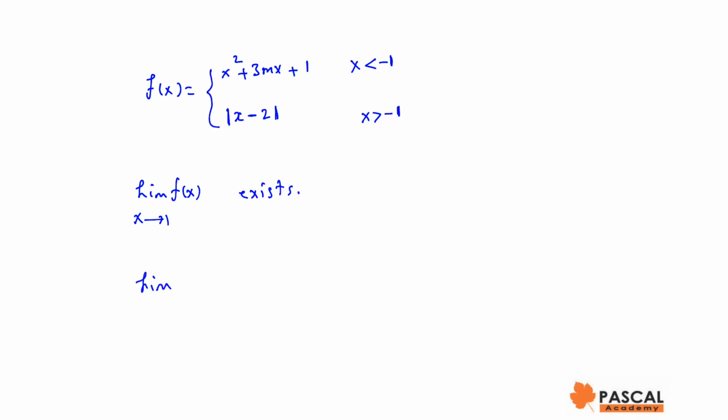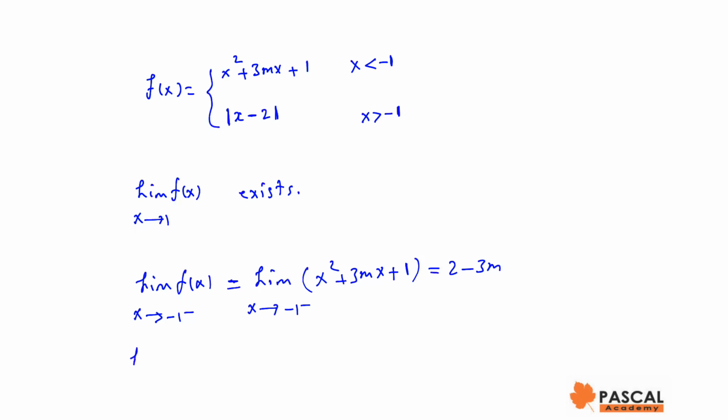Limit of f of x as x approaches negative 1 from left side is the limit of x² plus 3mx plus 1 as x approaches negative 1 from left side, which is 2 minus 3m, and limit of f of x as x approaches negative 1 from right side is the same as limit of absolute value of x minus 2 as x approaches negative 1 from right side, which is 3.